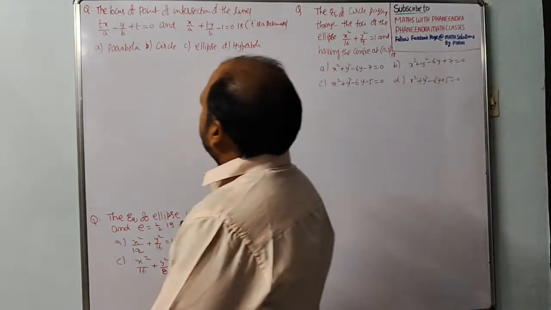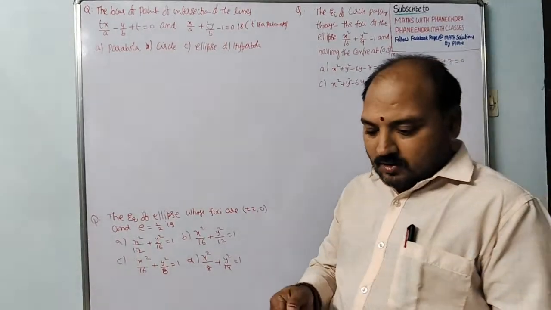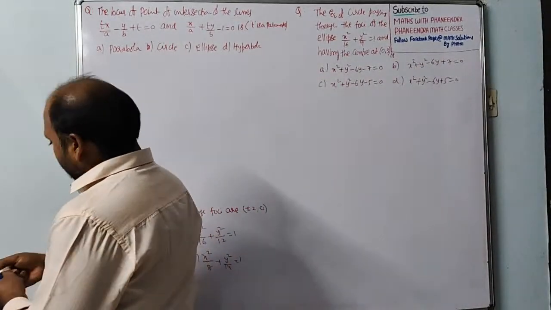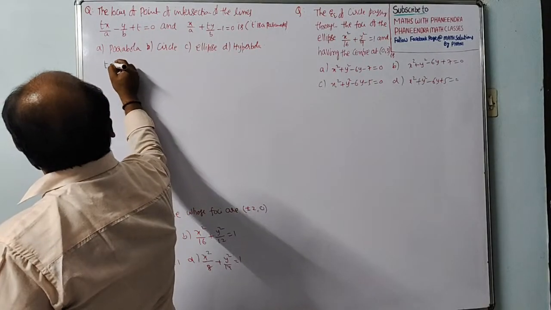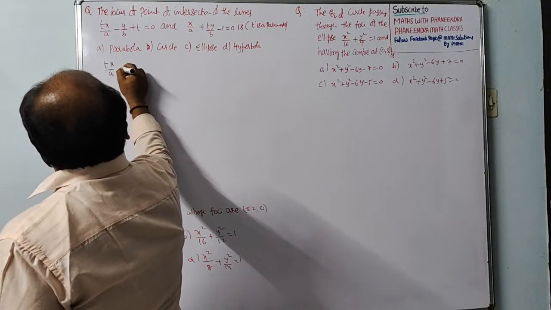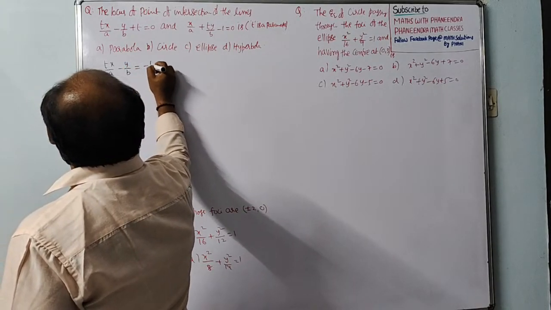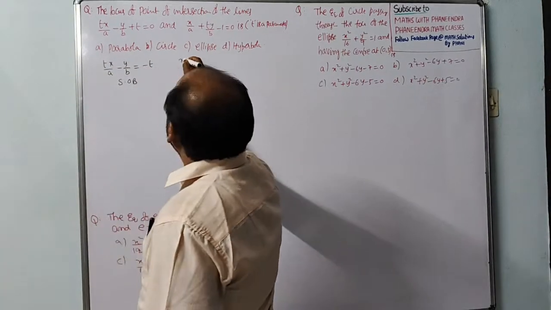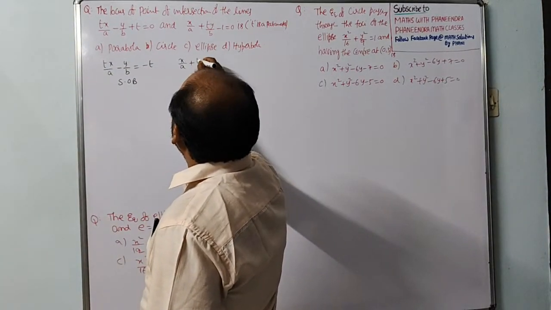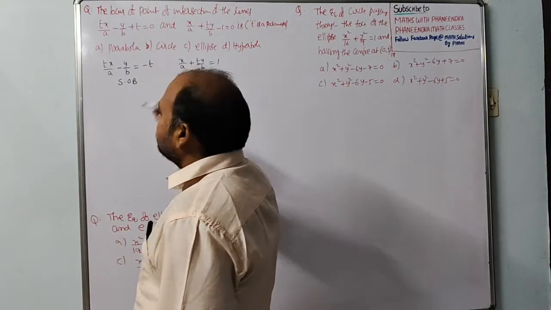Yeah, the question: the locus of the point of intersection of the lines. So whatever the given lines are, tx by a minus y by b equal to minus t, squaring on both sides. Here also x by a plus ty by b equal to minus 1, squaring on both sides.